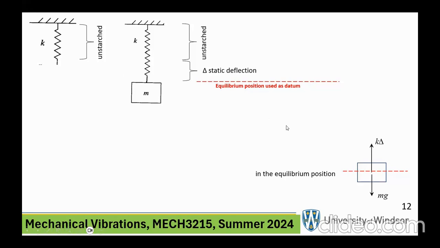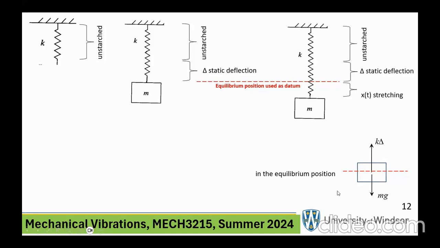Now, what is the free body diagram on this mass? There is a stretching of the spring which causes an opposing force, k times delta, and there is the weight. Okay? Now, this is pretty much what I said a couple of minutes ago, that the displacement that you measure is from this dotted line.